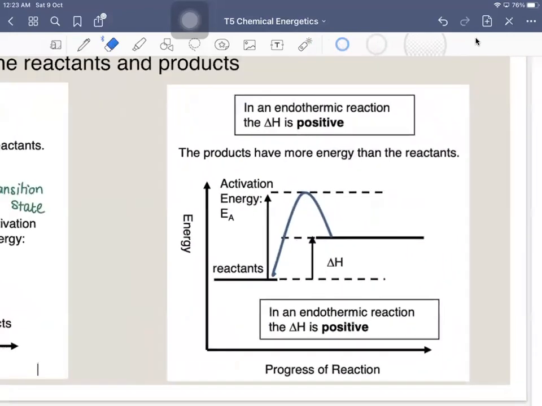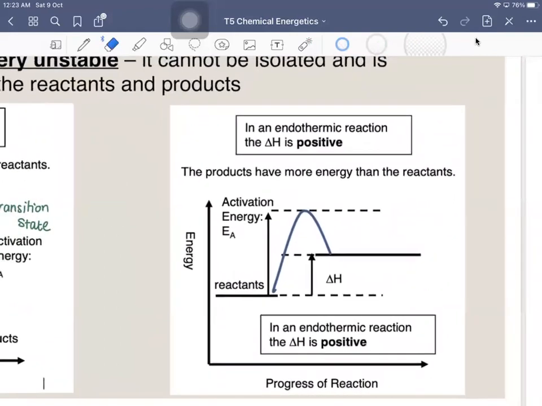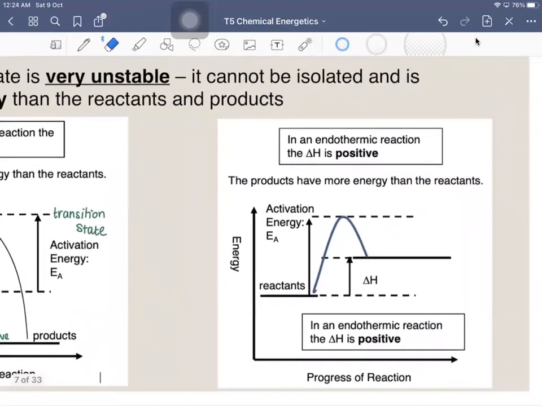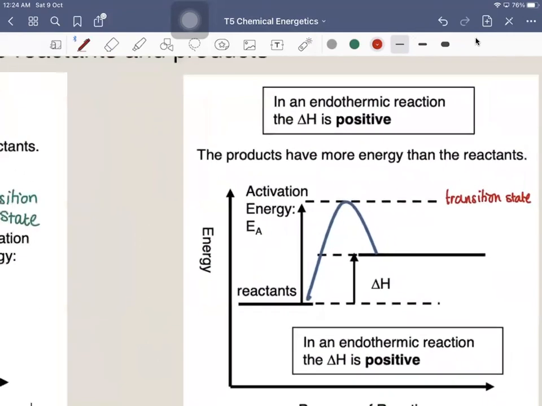Moving on to the next, the energy profile of your endothermic reaction. Again, your transition state is at the top here. Again, by definition, activation energy is the minimum energy required for the reactants to obtain in order for them to turn into products.